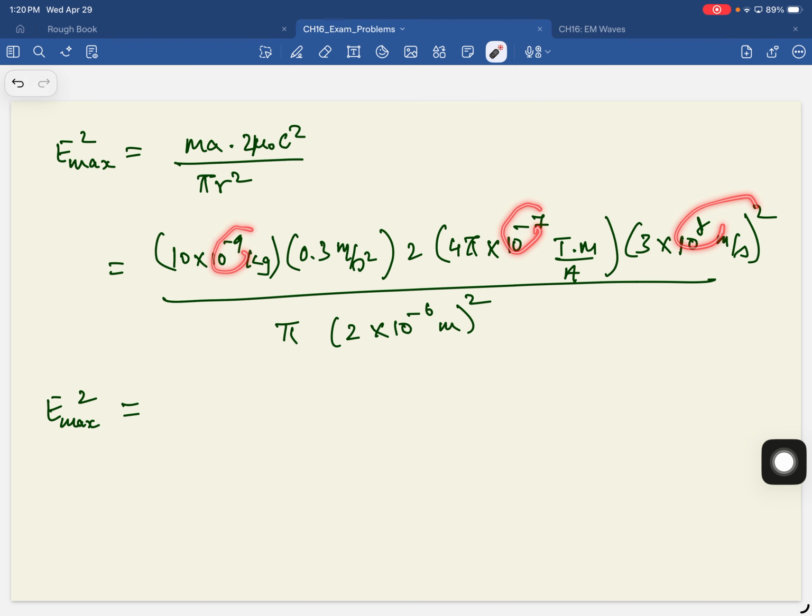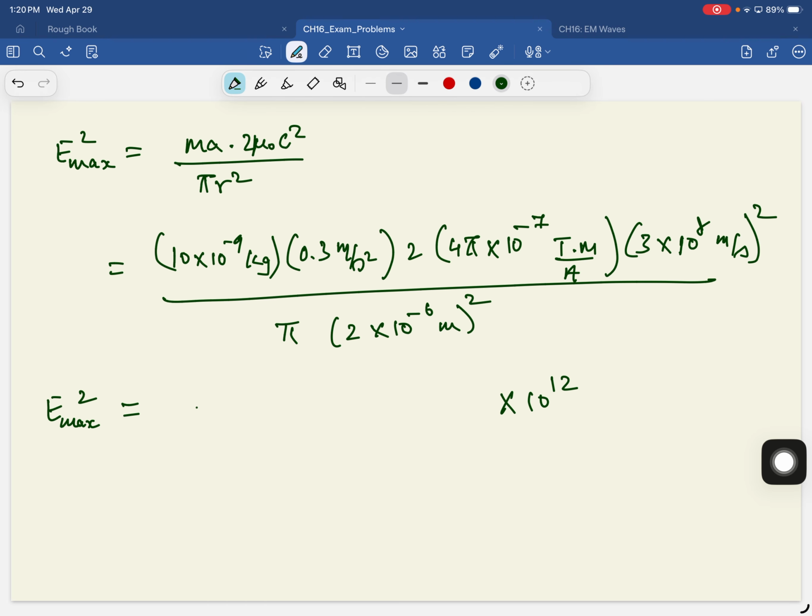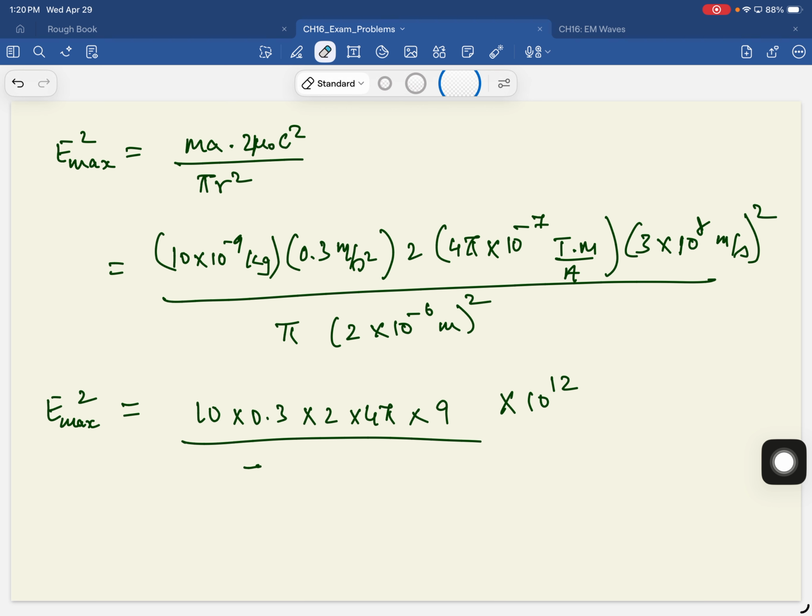Oh, yeah, that's 16. Okay. So this is 10 to the minus 12. That comes to the top. 10 to the 12. 10 times 0.3 times 2 into 4 pi into 9 divided by 4 pi. So that's 3 into 6, 6 times 9, 54.